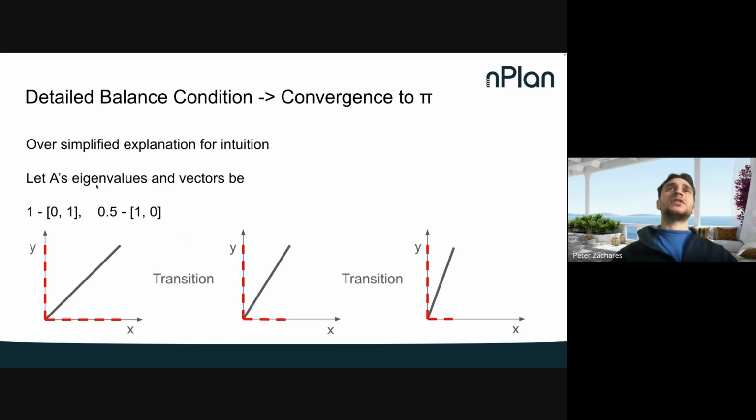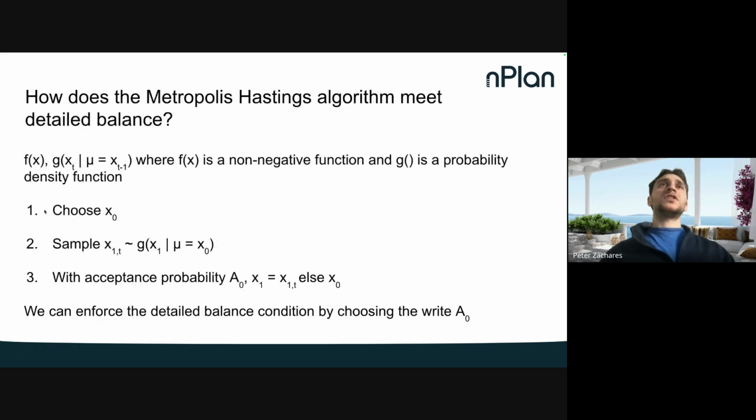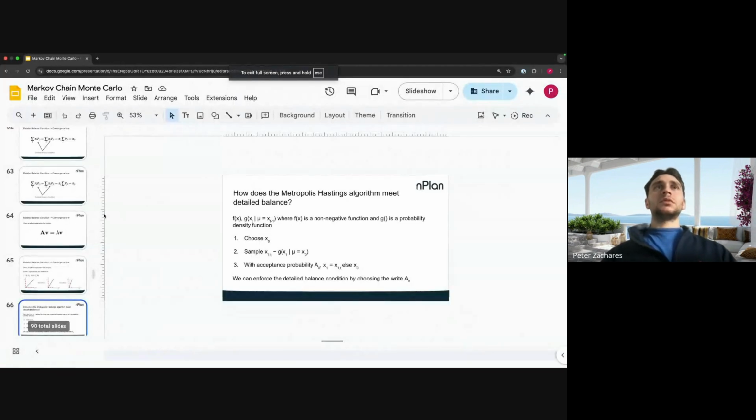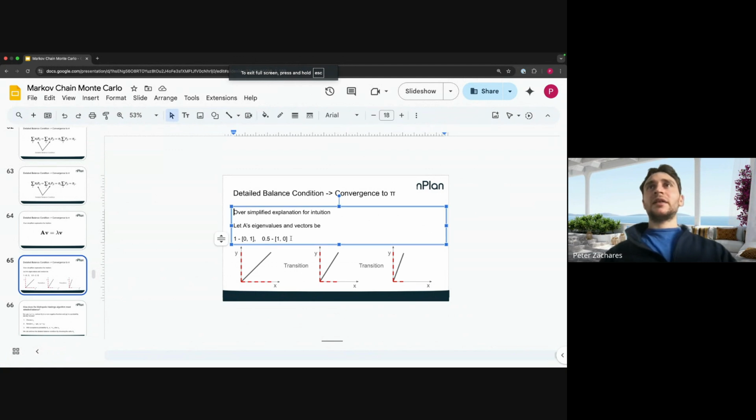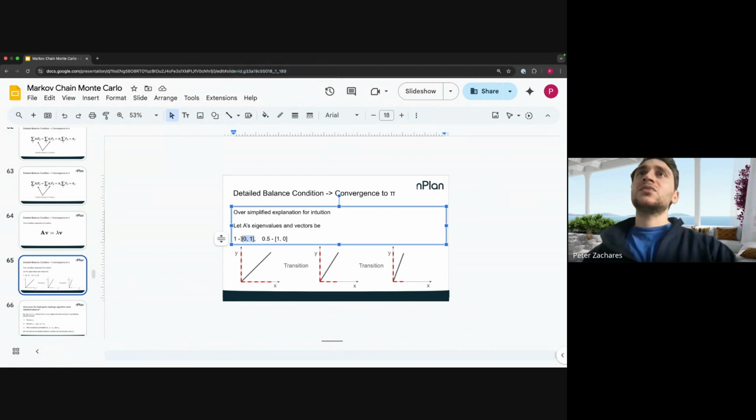I'll give a really simple example here, which I want to highlight. So here's a basis. This is one eigenvector, and this is another. It's the one that we actually always use when we're plotting stuff.